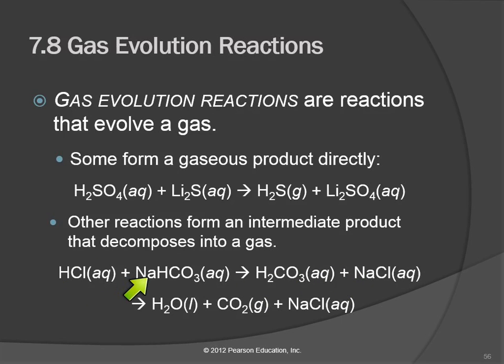The hydrogen and the sodium are switching places, and so we get carbonic acid and sodium chloride. But carbonic acid is unstable. How do we know that? Well, that's one of those things you just have to memorize. So this is unstable, and this decomposes into water and carbon dioxide. And then there's also the sodium chloride. So this generates a gas, but not directly.